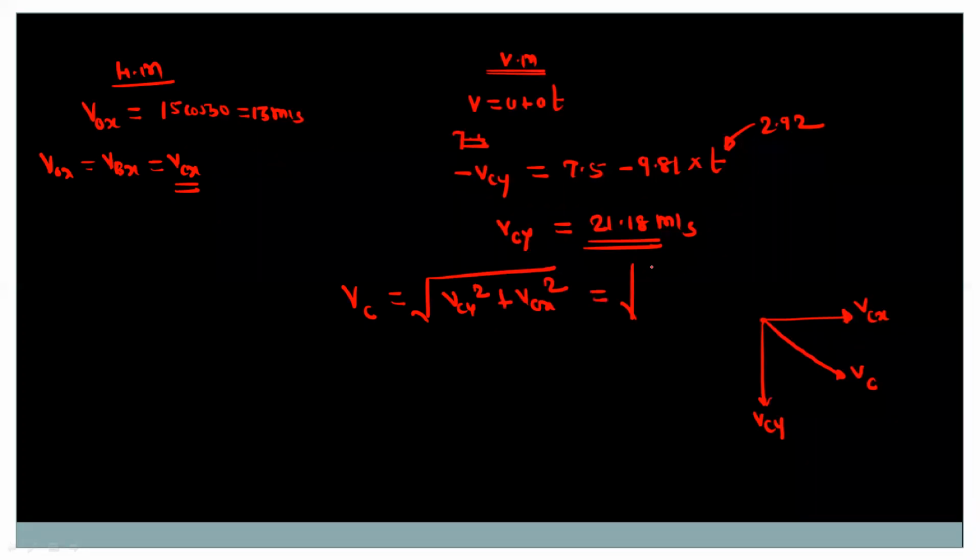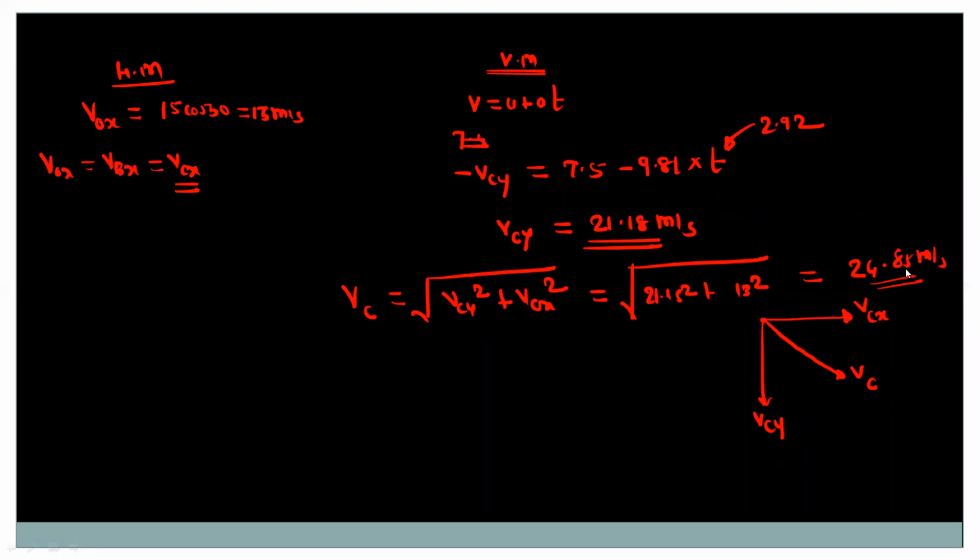Okay, so that is equal to... so the resultant velocity at point C is equal to 24.85 meter per second.